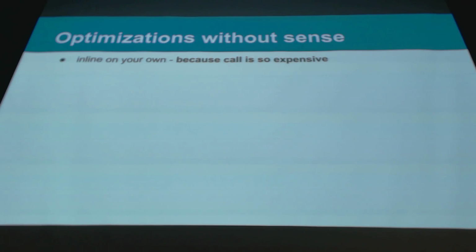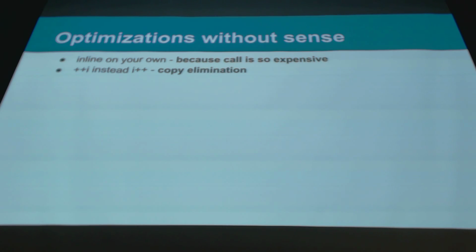For example, if we are inlining on our own, let's say some programmer from, I don't know, ICPC or something, they usually put inline everywhere because they think, yeah, the cost of a call is so expensive. I don't want to call things, I want to inline them, and I don't want to use macros, so I will just use functions and inline, right? No, you shouldn't use inline for cases like this because the compiler can figure it out better than you.